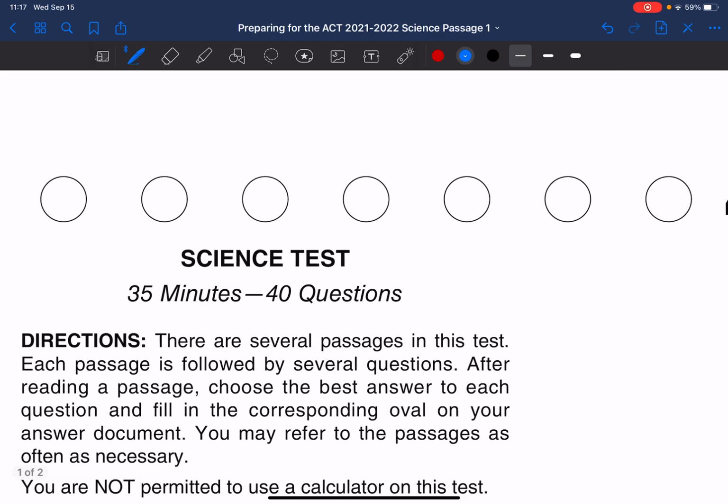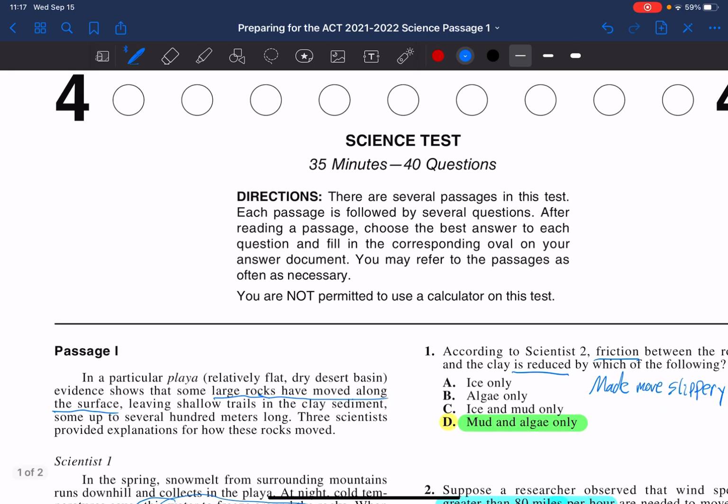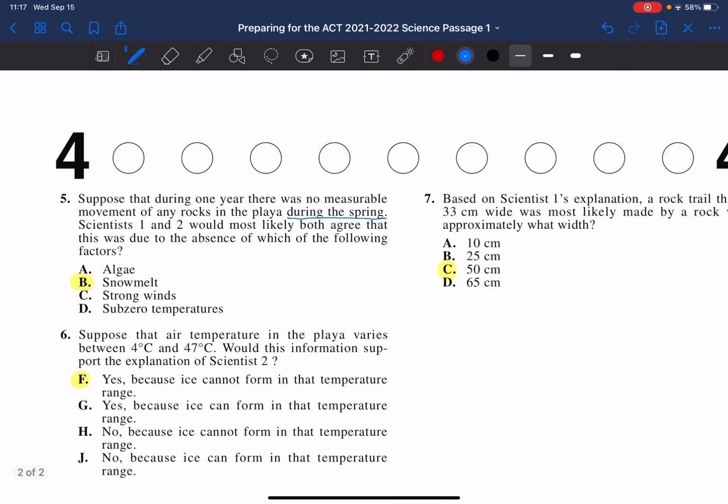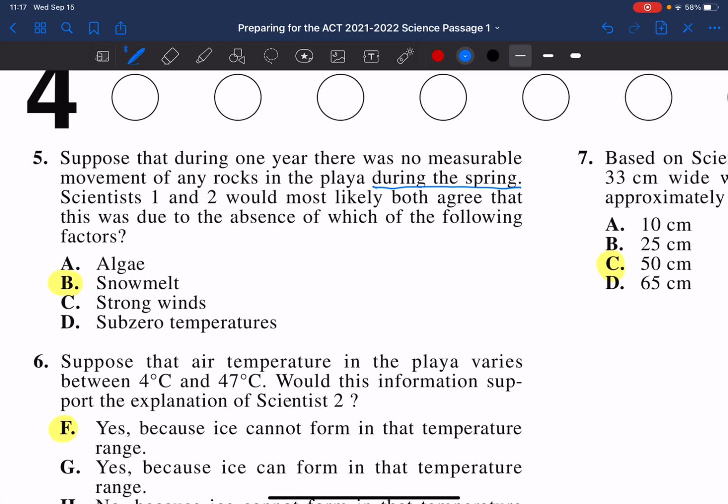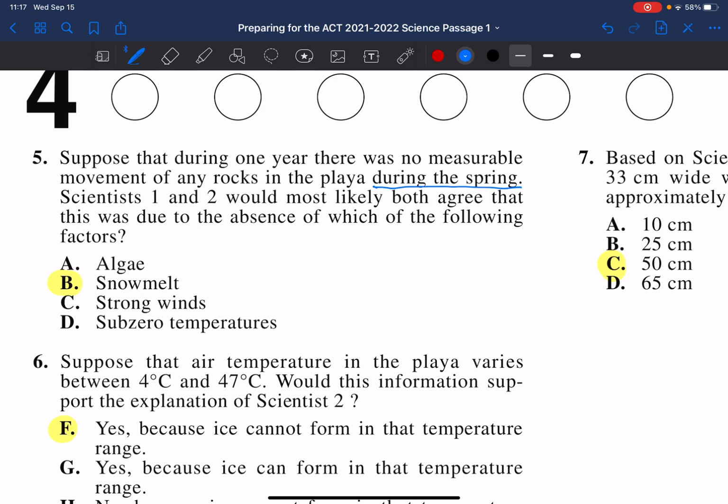Now let's look back at where this happens. This happens in a relatively flat, dry desert basin. So during the spring, what do we know doesn't happen?